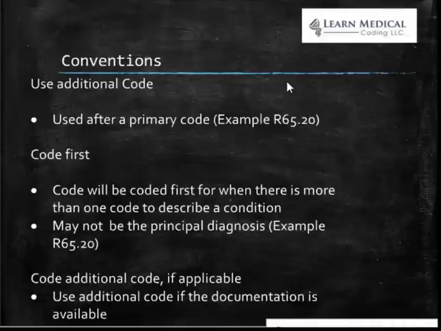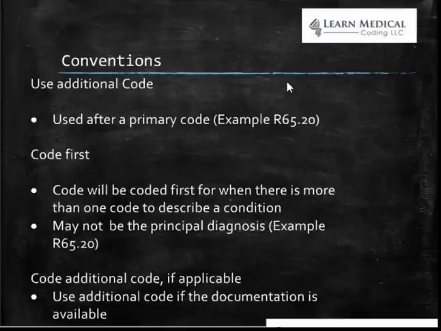So you have the R65.20, you need to code an additional code, and you need to code a code first, because it's telling you code first underlying infections such as, and it gives you a listing of what those infections may be. An example is sepsis NOS, which means the patient's been diagnosed with severe sepsis, but a specific type of sepsis was not listed.